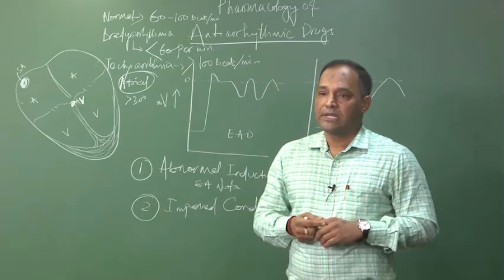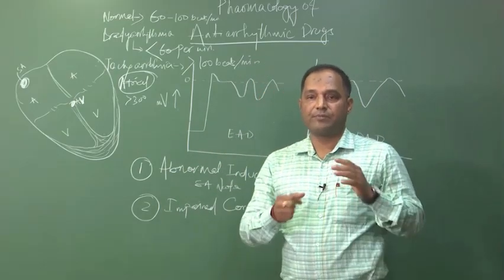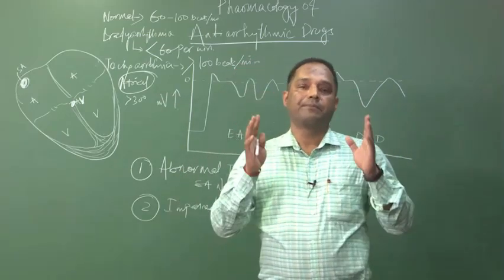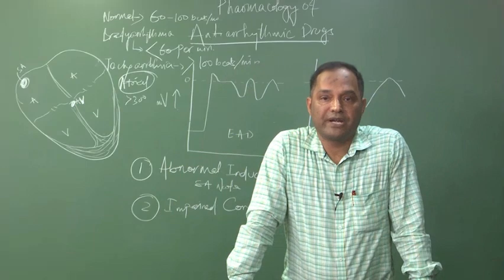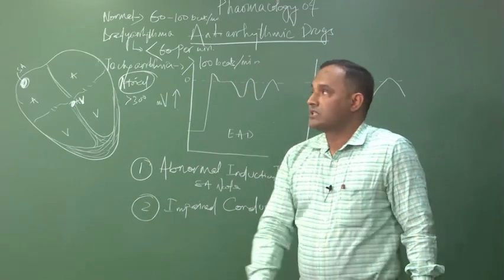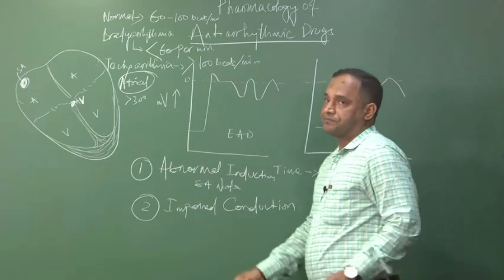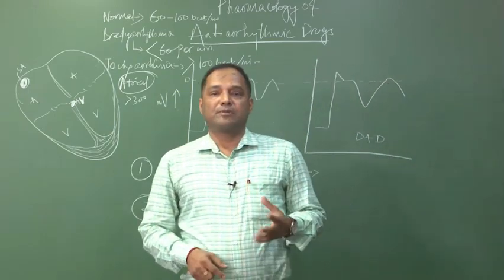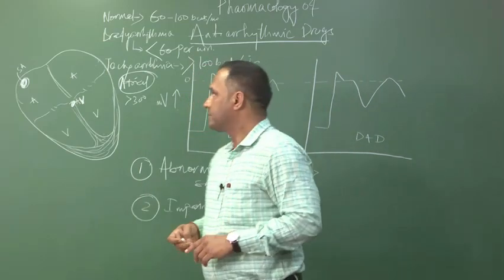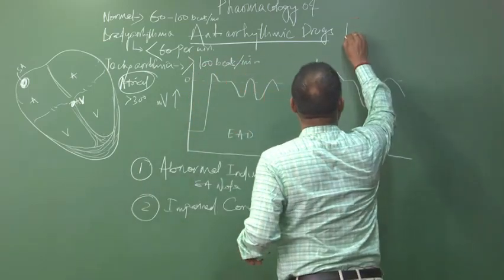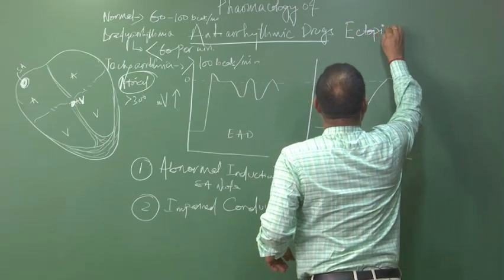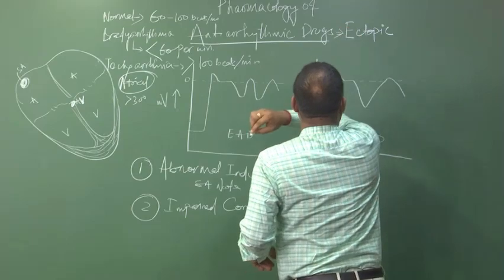There are four basic mechanisms which result in bradyrhythm or tachyarrhythmias. The first one is abnormal pacemaker activity, which is known as ectopic activity.